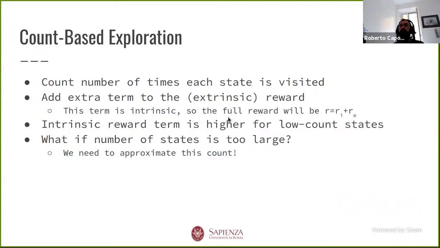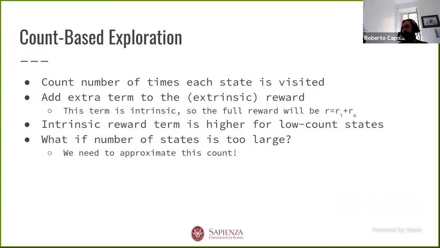And based on this idea, we can add an intrinsic reward to the extrinsic one, which is higher for low count states, meaning that if I'm visiting a state where I have never been, or I have been a few times, then I get a higher reward. So this is basically promoting exploration, right? Because if I visit new states, I get a higher reward. So I would want to try to visit new states.